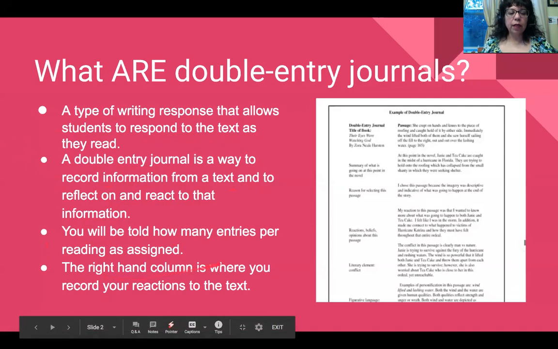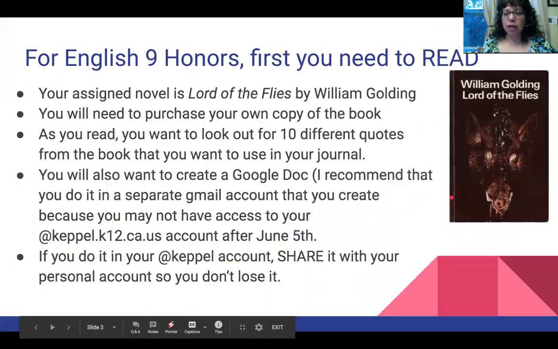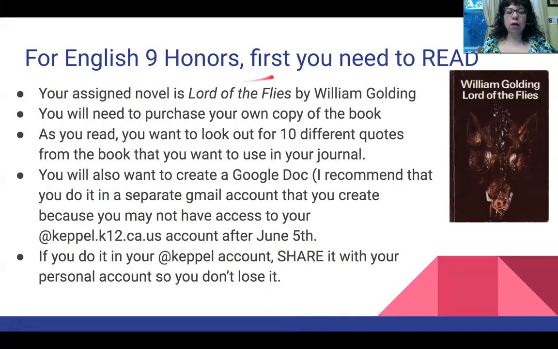And the right-hand column is where you're going to record all of your reactions to the text. All right, so for English 9 honors, first you need to read. So your assigned novel is Lord of the Flies by William Golding. If you haven't picked up a copy, you really need to get a copy. So either go online to Amazon or Barnes & Noble or whatever and order a copy.